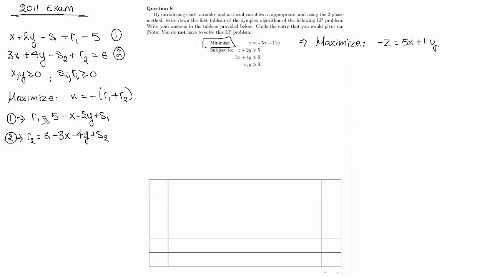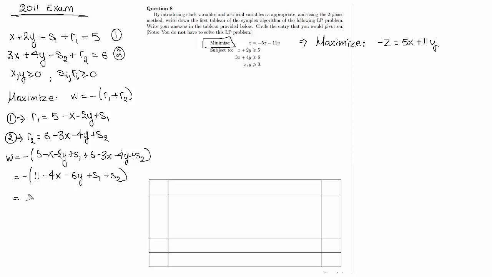Now we can input r1 and r2 into w, and we're going to have 5 minus x minus 2y plus s1 plus 6 minus 3x minus 4y plus s2. Now we will simplify, and we will have 11 minus 4x minus 6y plus s1 plus s2.